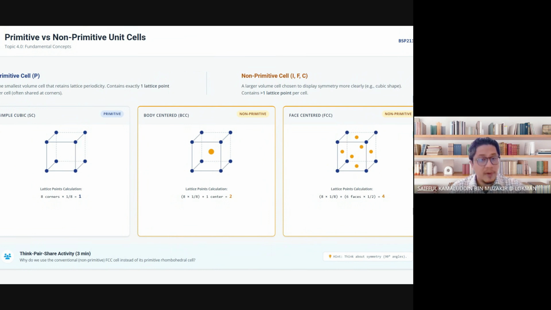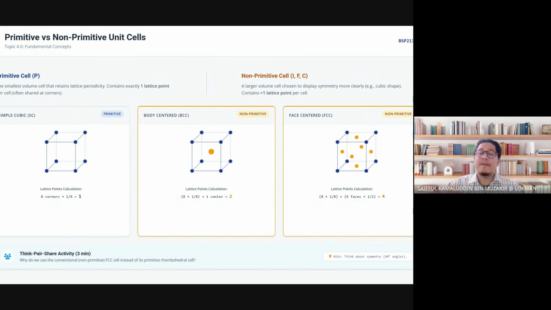So in body-centered cubic, we have atoms at the corners. Also, at each corner, we have 1/8 of an atom, or could be molecules. So we have 8 corners. From the corners, in total, 1/8 times 8, we have 1 atom.